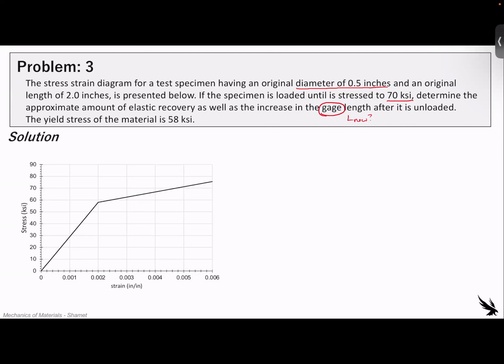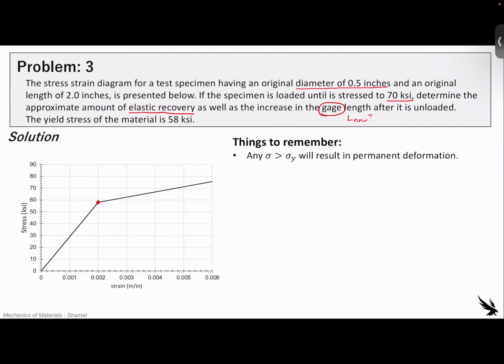And elastic recovery, remember, is how much it bounces back once we go past yielding. Remember that any stress greater than the yielding stress will result in permanent deformation. Now, the yielding stress from this graph, I wasn't told, but what we would do is assume the yielding stress is going to be right here.